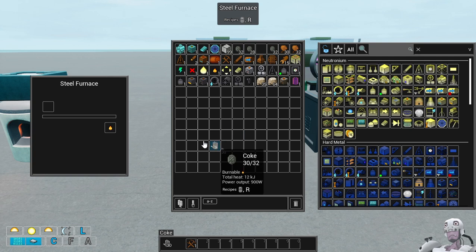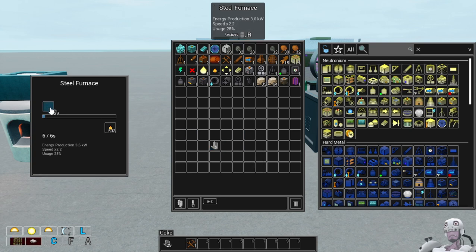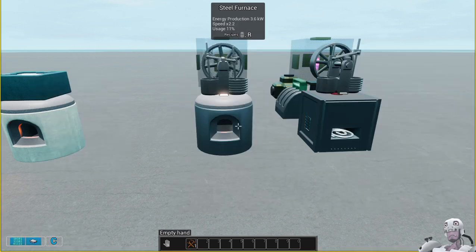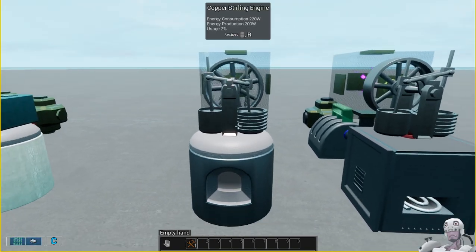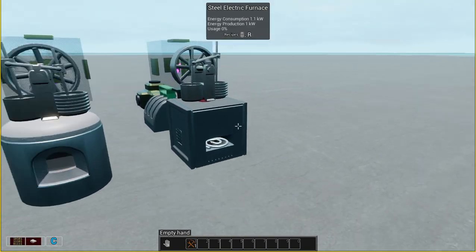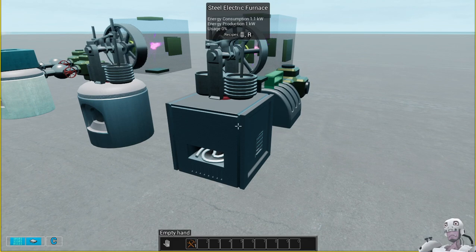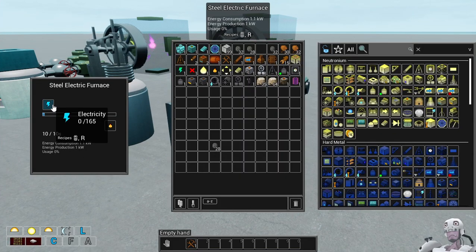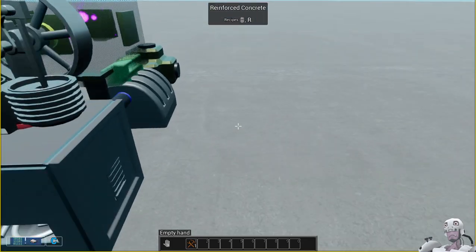And just like the other one, we take the primary producer and turn it into something else. We also have the electric furnace here that takes electricity as fuel and turns it into heat.